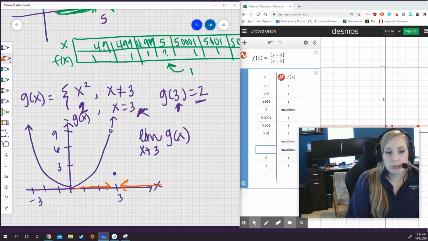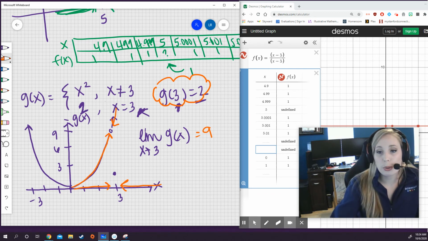So as I get closer and closer to 3, I am approaching that value, and that value is 9. So to find the limit, it's not exactly what g of 3 equals. It is, what is the curve actually approaching?